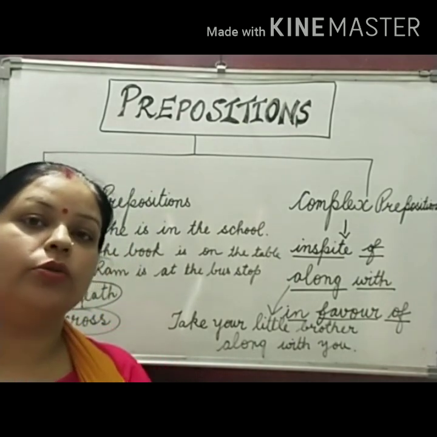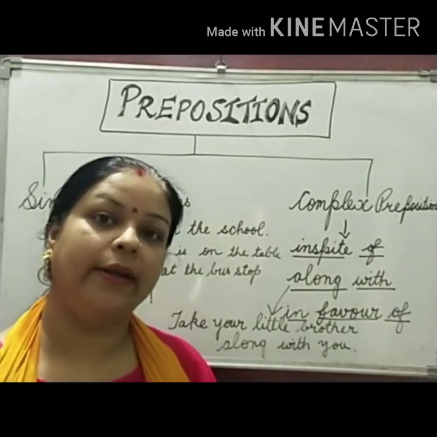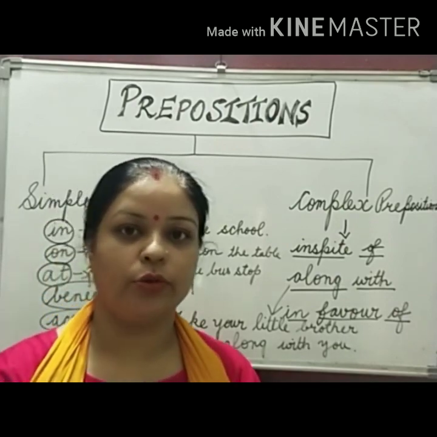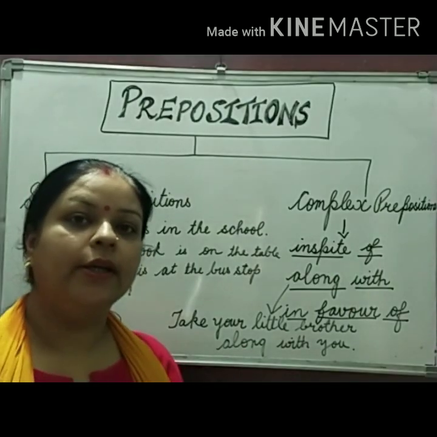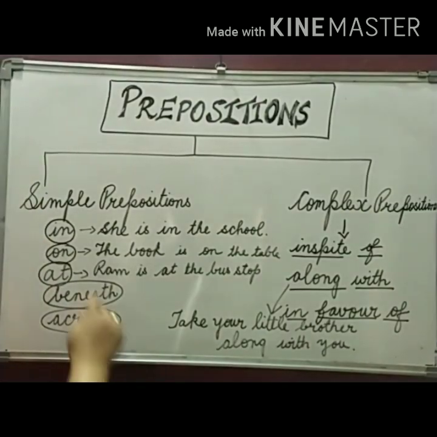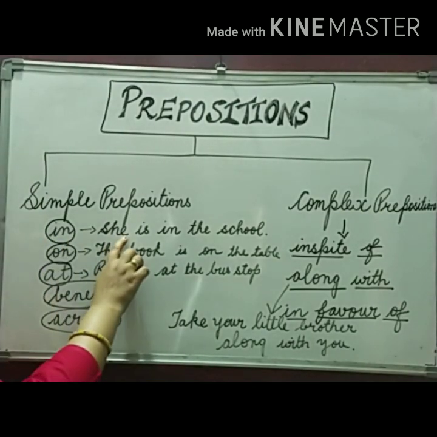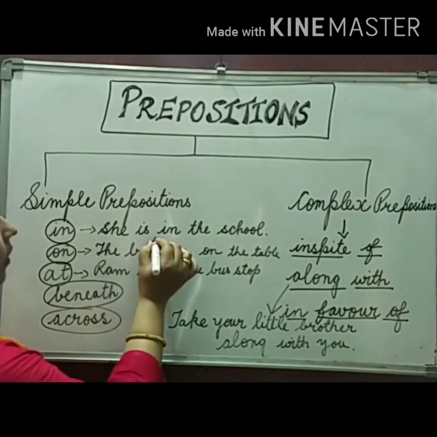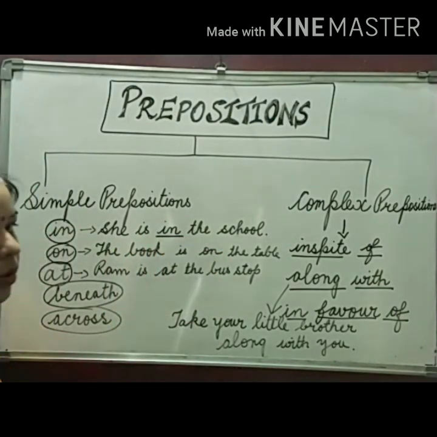Now what are the uses of these prepositions and how do they function in sentences? Let us try to understand. Let us pay attention to the examples given here of how they are used in a sentence. She is in the school.